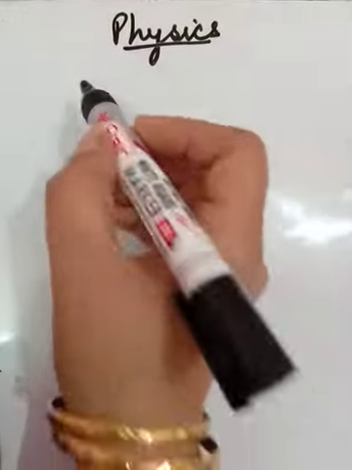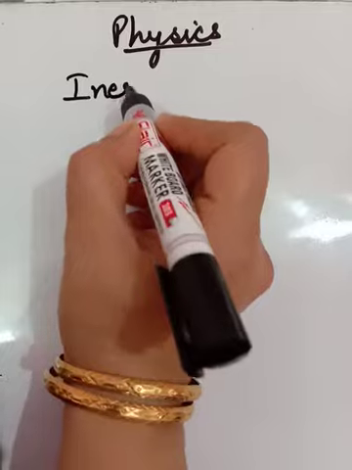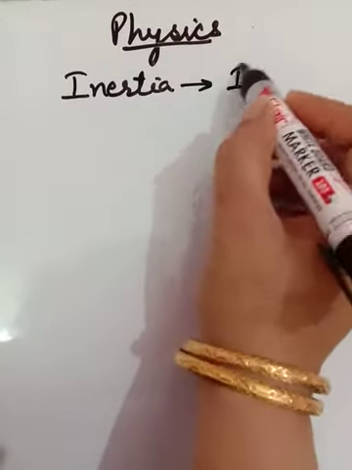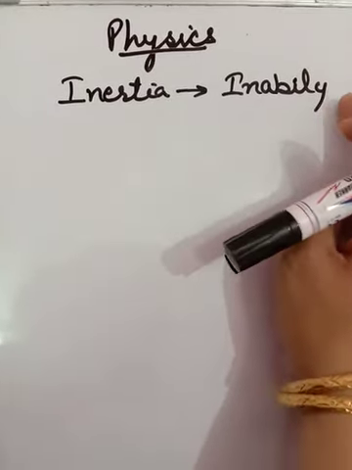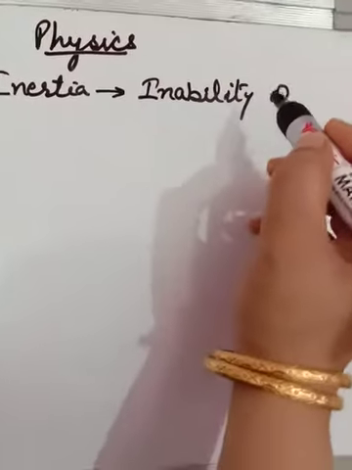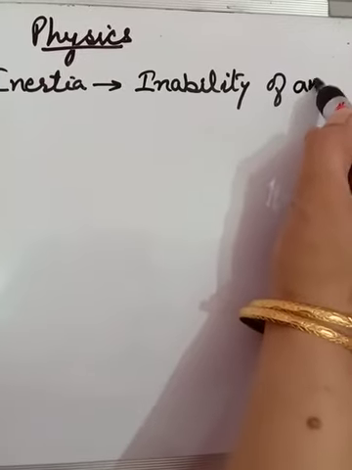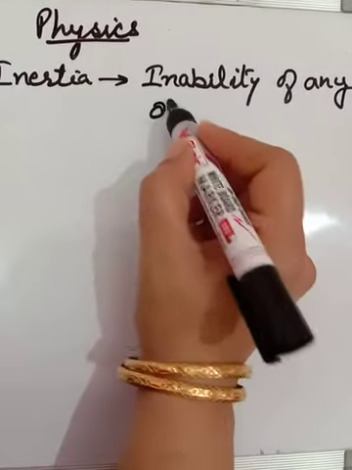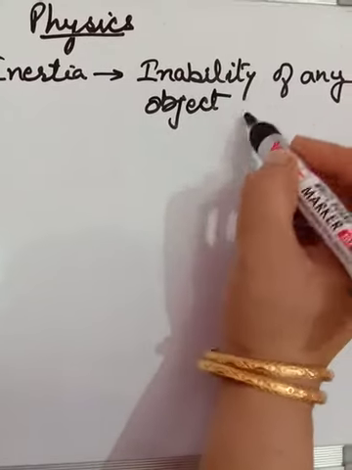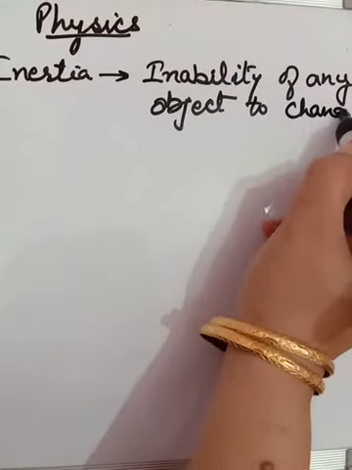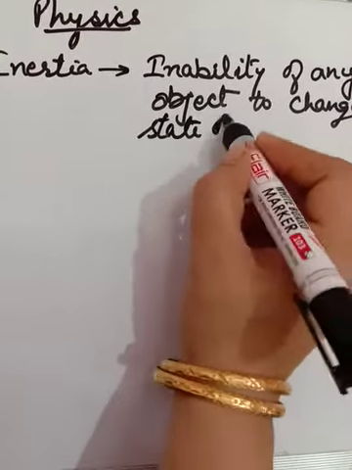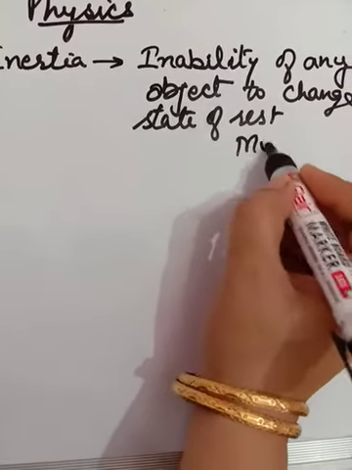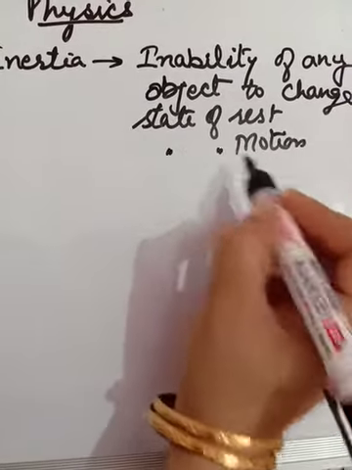Inertia is the inability of any object to change its state of rest, state of motion, or direction.